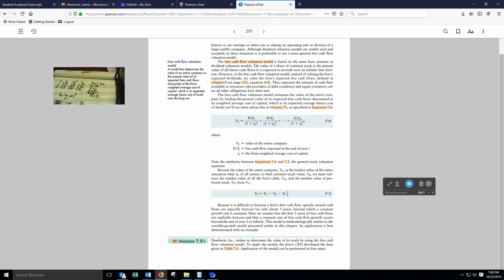Now, because it is difficult to forecast a firm's free cash flow, specific annual cash flows are typically forecast for only about 5 years, beyond which a constant growth rate is assumed. Remember, in order to value a company, we have to make assumptions based on our judgment or research about future cash flows in this case.